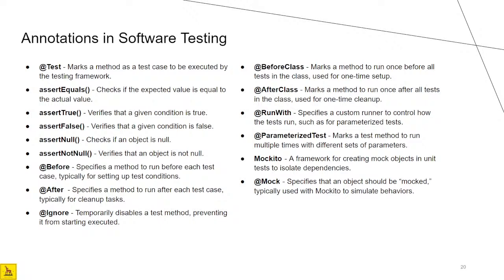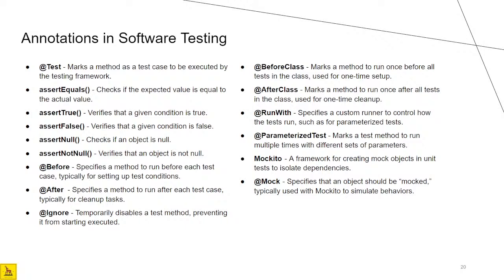We can use @BeforeClass to mark a method to run once before all tests in the class, used for a one-time setup. We can use @AfterClass to mark a method to run once after all tests in the class, used for a one-time cleanup. We can use @RunWith to specify a custom runner to control how the test runs, such as parameterized tests.